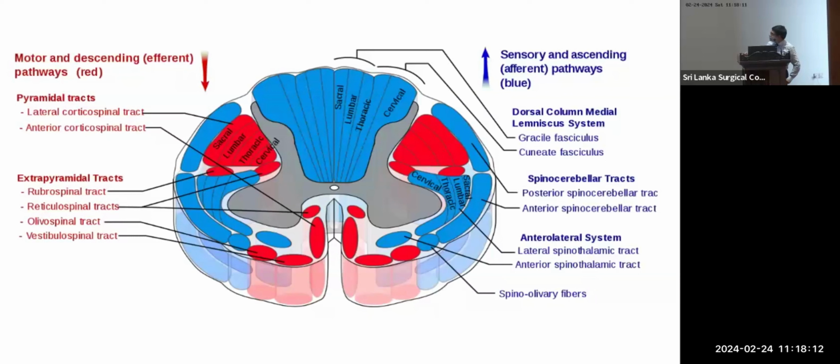So when the central part of the cord is injured, the nerve fibers coming from the upper extremity of the body, mainly the upper limbs, will be badly affected. So that is why they get upper limb deficits more than lower limb deficits.